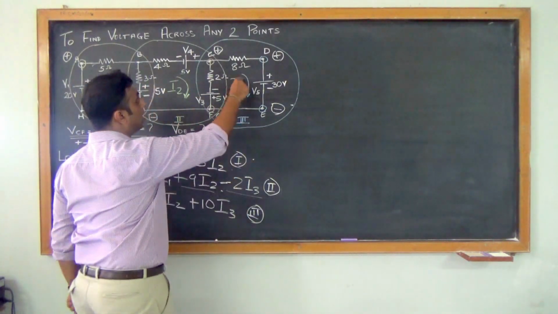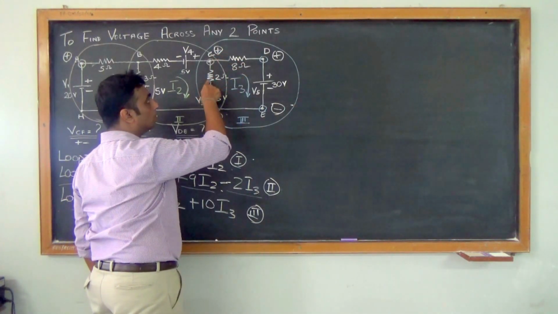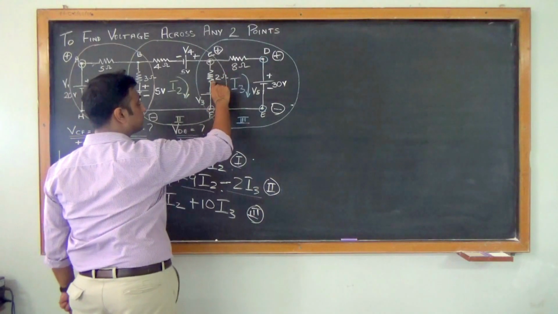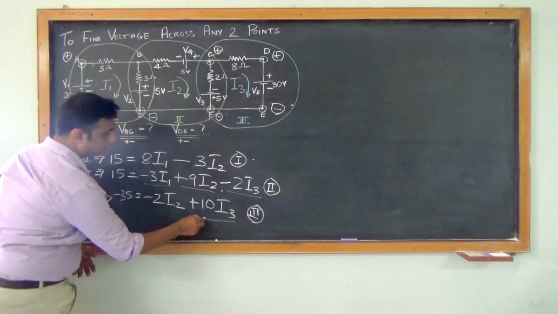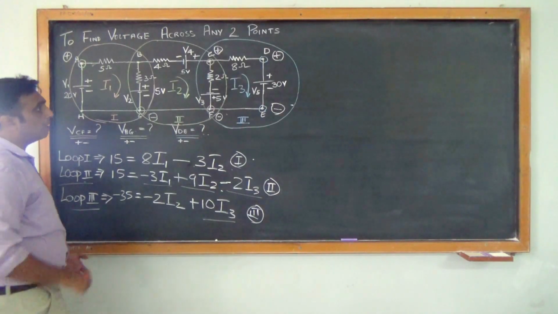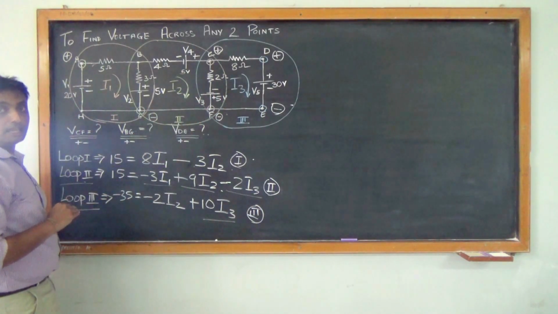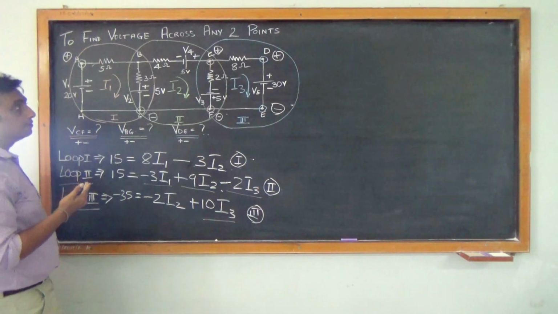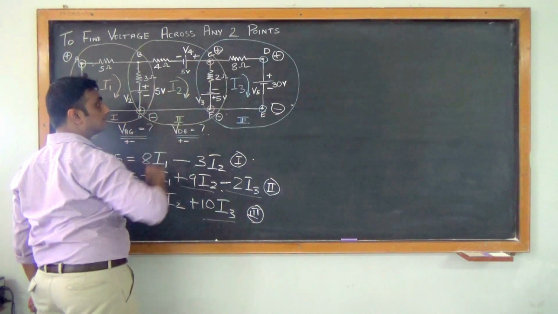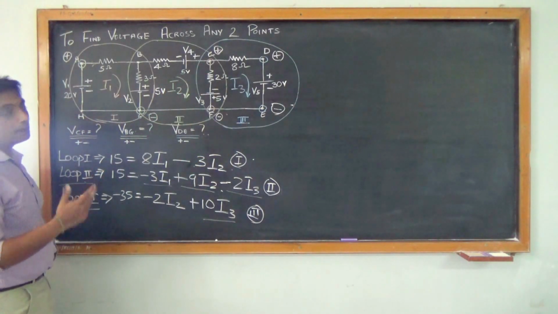Now we know I3 is flowing in the 8 ohms and in the 2 ohms. So I add both of these: 8, 9, 10. So 10 I3. Now any other current from the other loops interacting with that resistor will be taken as minus.